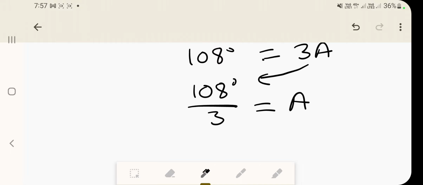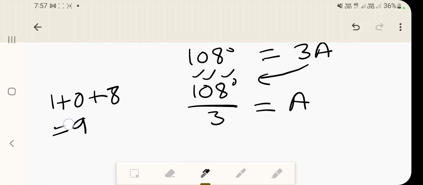Now you have to remember this: if a number is divisible by 3, it means the sum of its digits is divisible by 3. For 108, 1 plus 0 plus 8 is 9. Since 9 is divisible by 3, overall 108 is divisible by 3.